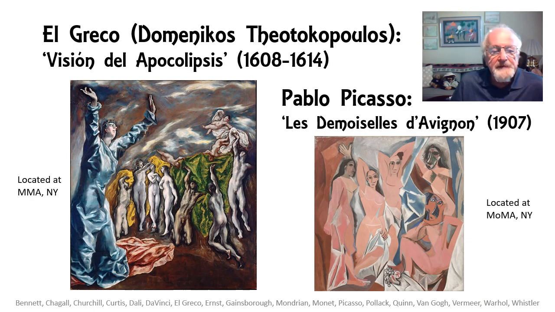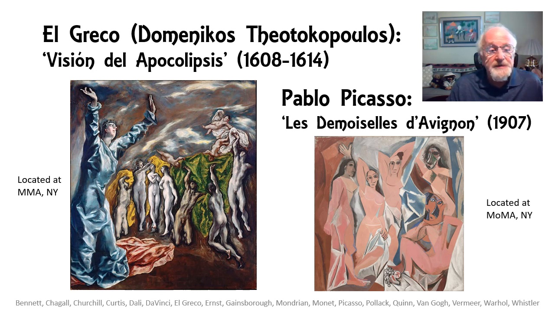Here we have the Vision of the Apocalypse by El Greco, also known as the opening of the fifth seal. It was previously known as Profane Love, done somewhere between 1608 and 1614. Note that in this case, El Greco's typical elongated figures appear.